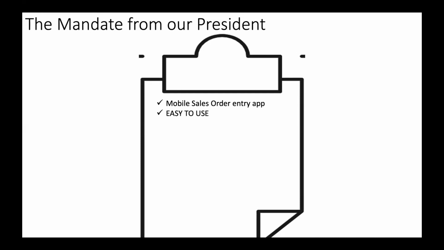Next thing he said is, it has to be easy to use. And oh, by the way, I want it to run on any phone, any tablet, any desktop, anywhere that they can connect to the internet. I want them to be able to run it, completely agnostic of the operating system of the device that they were going to run this on. Oh yeah, don't forget, we have customers that are going to send us PDFs.